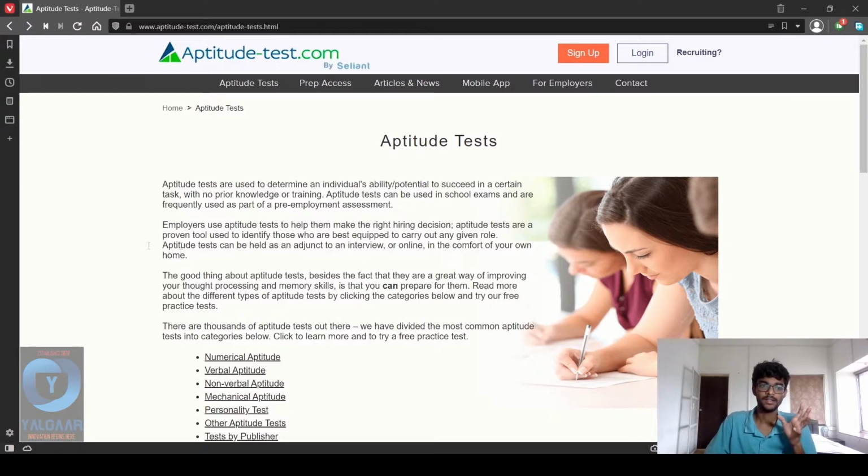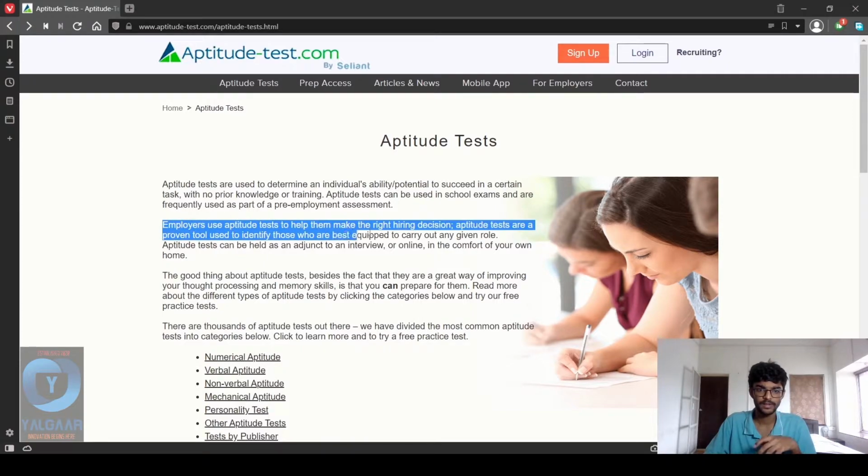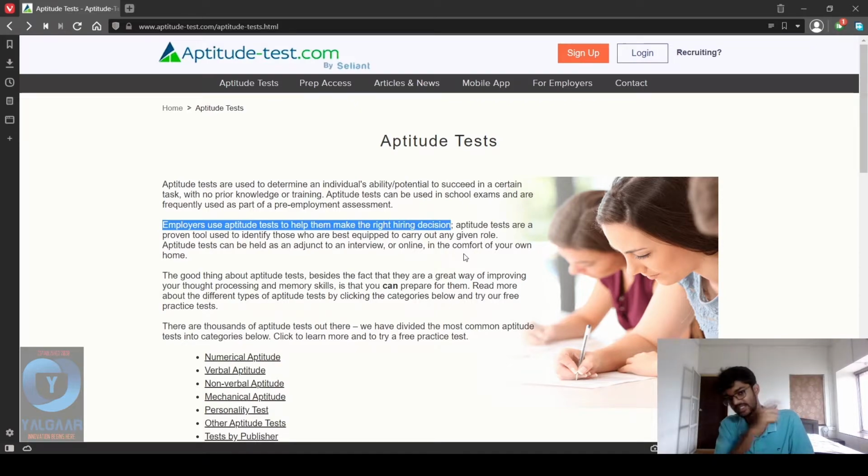Now, here you can see the major thing is that employers use aptitude tests to help them make the right hiring decision. As I said in the last video, aptitude tests are used very frequently, because in many circumstances these are the very first step of anything at all.